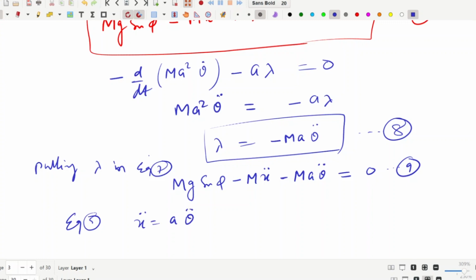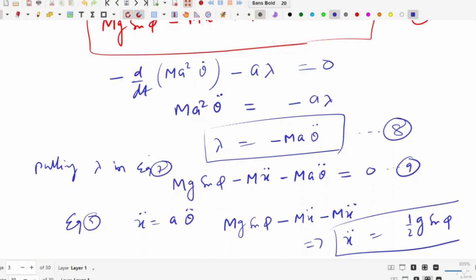Okay. So a theta double dot is your x double dot. So this equation 9 implies that mg sin phi minus m x double dot minus m x double dot equals 0, since a theta double dot is x double dot. So this implies that x double dot is half g sin phi. Okay.